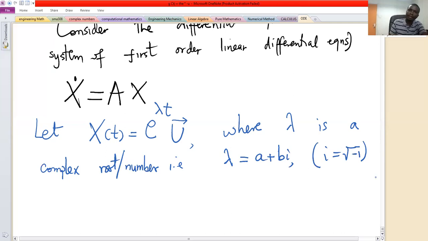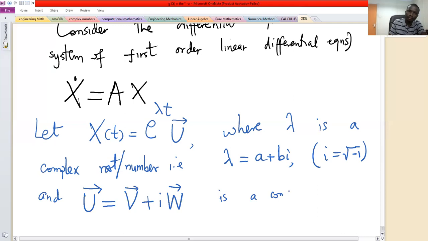Now, u is given by v plus i w. It's a complex eigenvector whose real part is v and imaginary part is w.